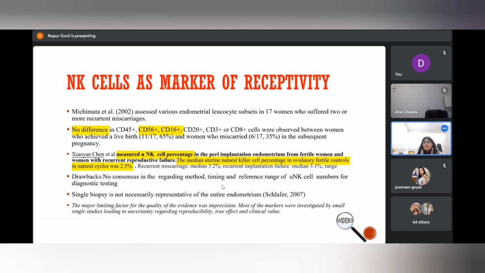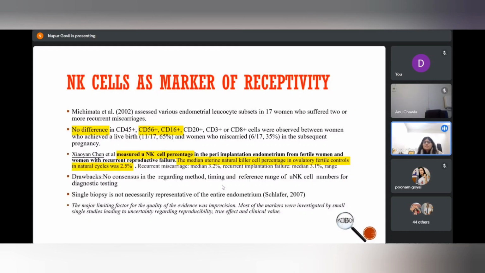Chen et al. actually found a percentage, because we need to have a number for at what percentage it becomes abnormal. They calculated a percentage and found that in fertile controls it is approximately 2.5%, while the median levels for recurrent miscarriage was 3.2% and for recurrent implantation failure it was 3.1%.